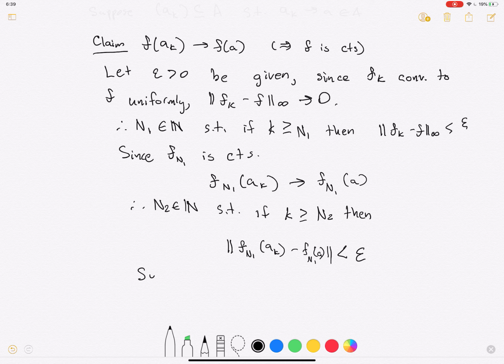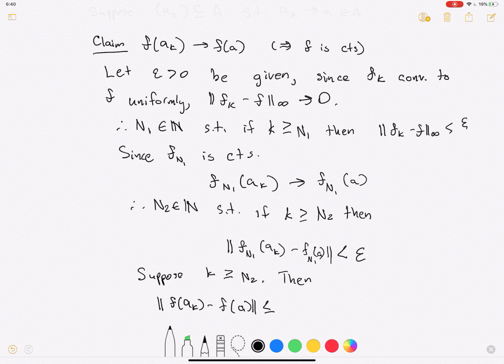Now suppose k was greater than or equal to n2. Then we're going to show that f(a_k) has limit f(a) by showing that their distance, with the norm, is less than epsilon, as usual with these proofs.